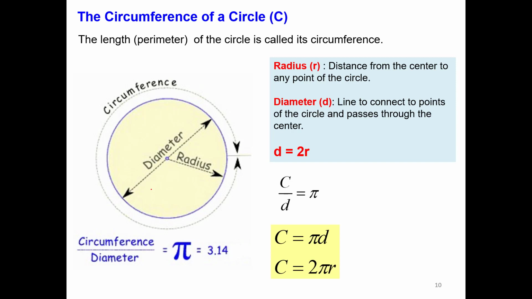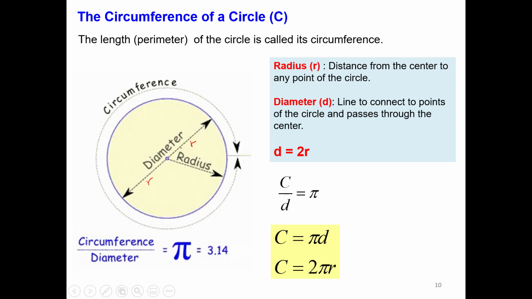What we can observe here is the distance from here to here is the radius. The distance from here to here is the radius, yes. And we call R the radius. The diameter we can identify as D. From here to here is the radius. From here to here is also the radius.